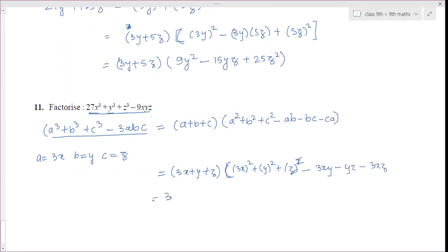So this is equal to 3x plus y plus z into 9x square plus y square plus z square minus 3xy minus yz minus 3xz. So these are the factors of the given polynomial. Is this right?